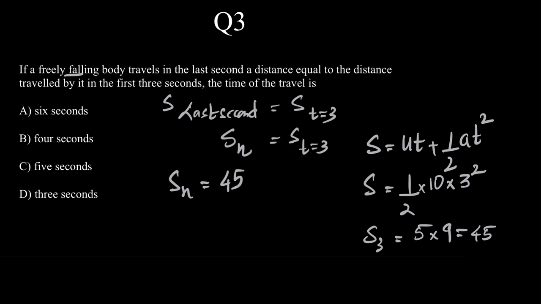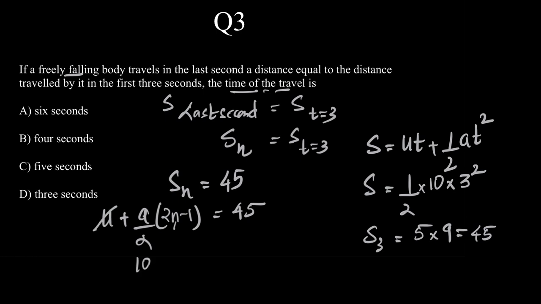Now, what is Sn? Sn is u plus a by 2 into 2n minus 1, which is equal to 45. The time of travel is being asked, which means we have to find the value of n. U is 0, a is 10. So we have 10 by 2 into 2n minus 1 is equal to 45.